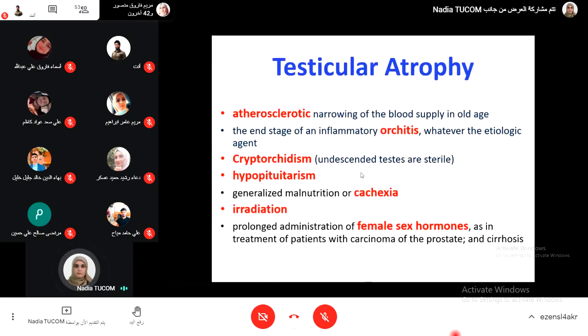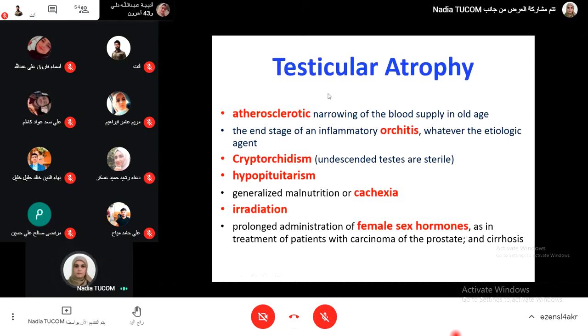The causes or risk factors for testicular atrophy: atherosclerosis in elderly people is the most common cause, narrowing the blood supply to the testis. The end stage of an inflammatory process, orchitis, whether acute or chronic, viral, bacterial, or non-specific, whatever the etiologic factor.